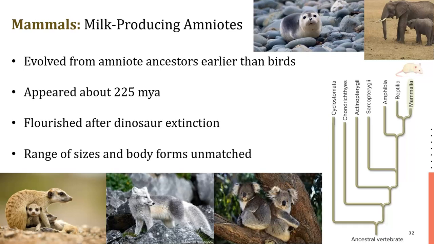And from there, they had a really quick expansion into a diverse set of environments, diverse set of characteristics. So from that, we get a whole bunch of differences in body size and body form. So if you think about all the mammals that you know of, of course they're tetrapods, so they have four limbs, but there's a huge variety of their physical characteristics.